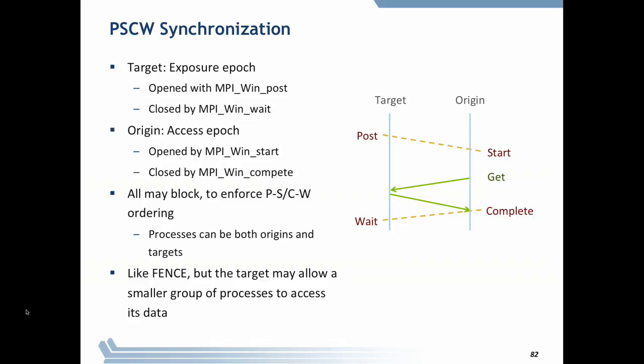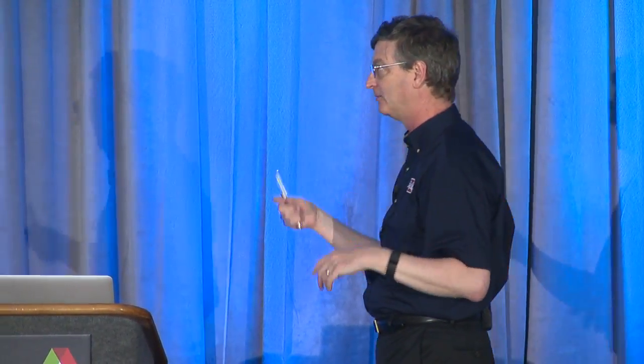This approach allows each process to specify the processes to whom it is communicating, the processes from which it's expecting data, but doesn't have to say where the data is going to go. So it's sort of a smaller form of doing a receive. It's like I'm receiving data from somebody, but I don't even know where it's going to go, except it's going to go in this region of the window that I made available.